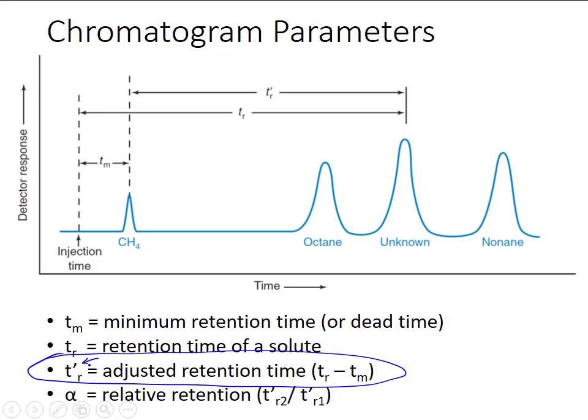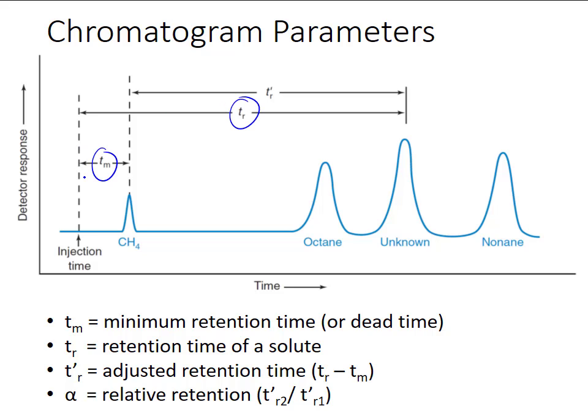or T prime, and this is the difference between the retention time and T minimum, as shown here. This parameter is particularly important for calculations in chromatographic theory, as you'll soon see. Also, when we are comparing two retention times, there is a factor known as alpha, or the relative retention time, and that is simply the adjusted retention time, T prime, for two different peaks, one divided by the other.